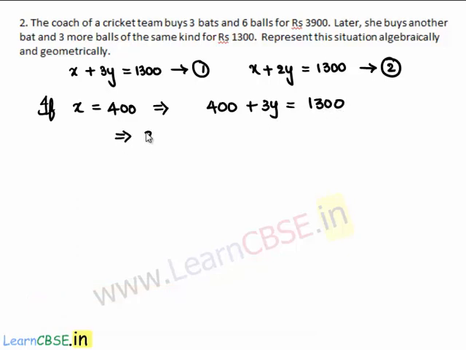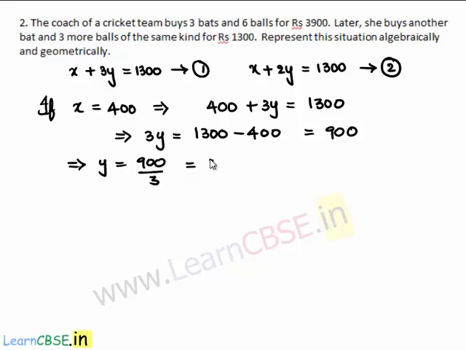We get 3Y is equal to 1,300 minus 400, which is nothing but 900. So 3Y is equal to 900. So we get Y is equal to 900 divided by 3, which is nothing but 300. So if X is equal to 400, the value of Y would be 300.